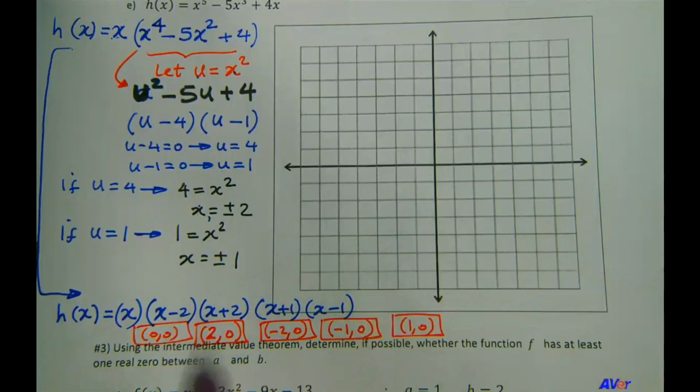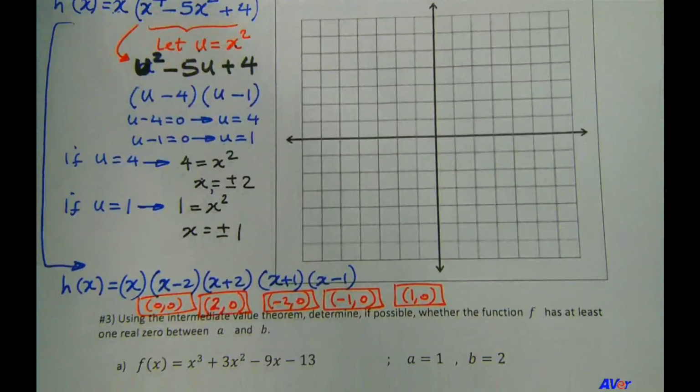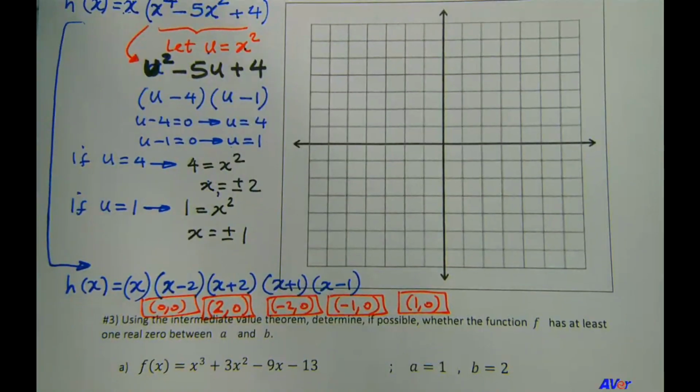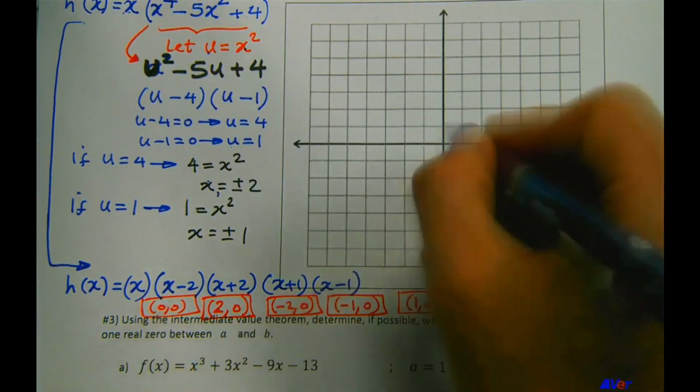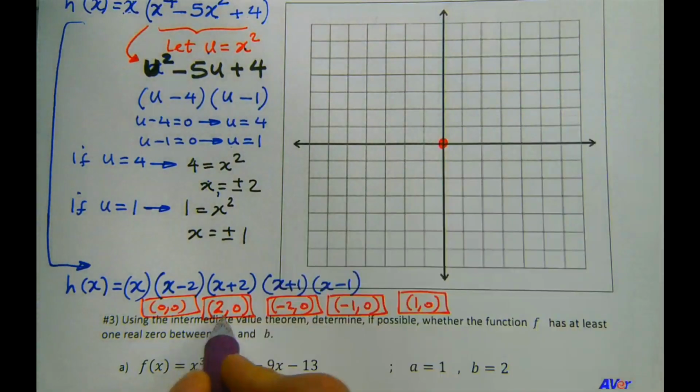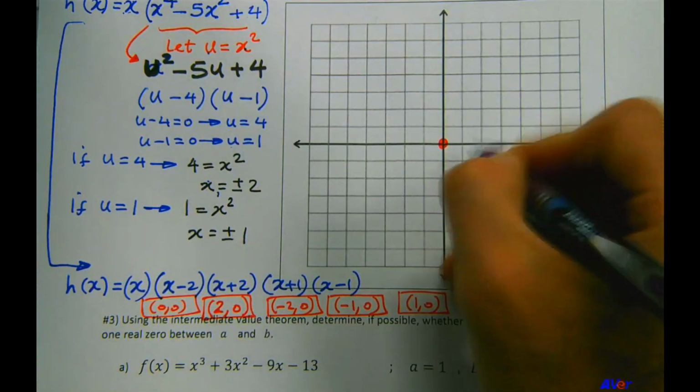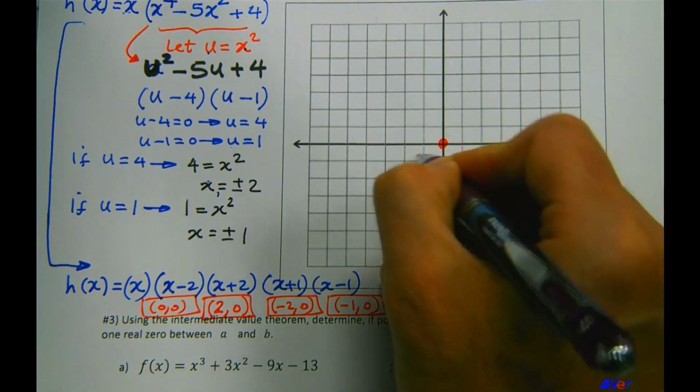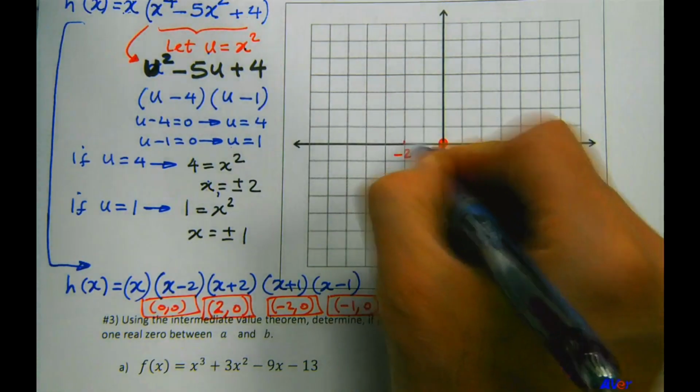Okay, so now let's plot these points. These are, again, easy numbers to plot. So 0 comma 0 would be the origin. 2 comma 0, let me increment these: 1, 2, negative 1, negative 2, like that.